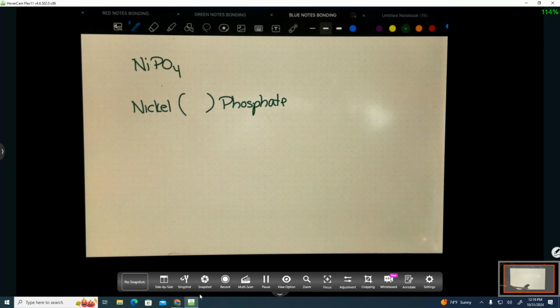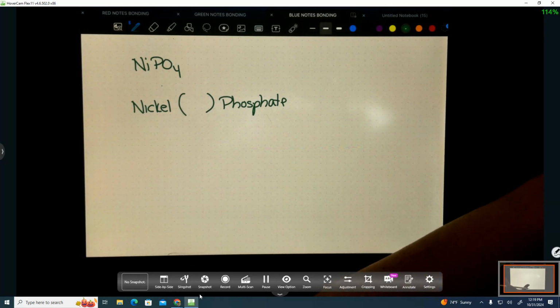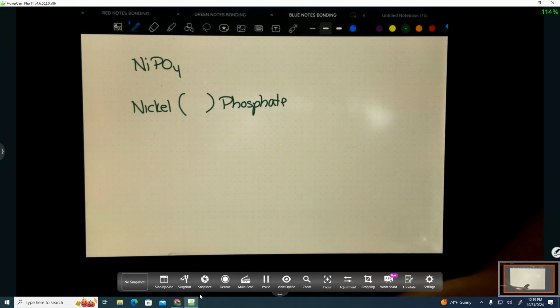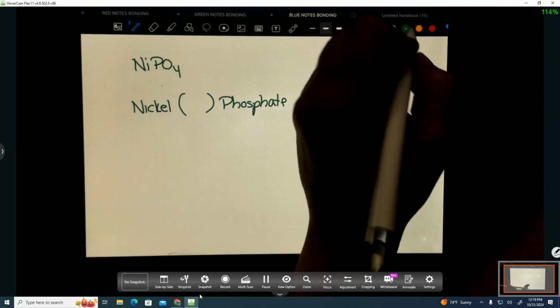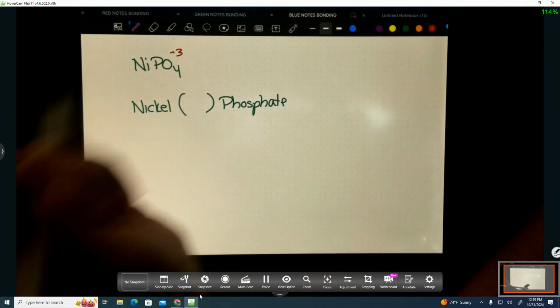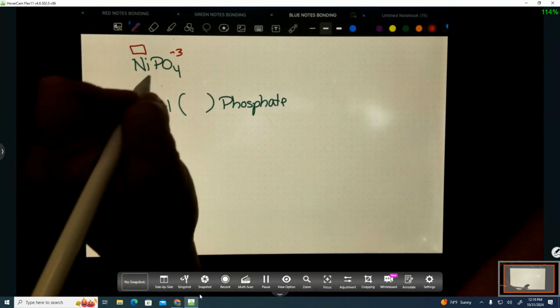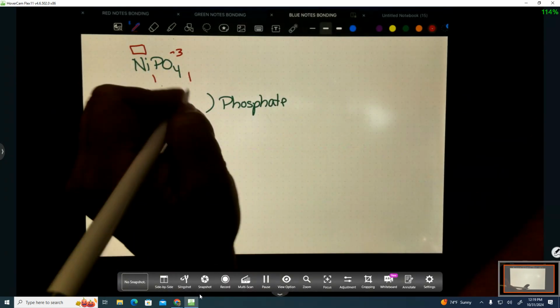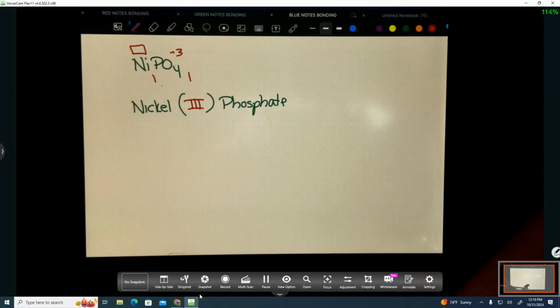And you've got to give me a, put your fingers up again. No. You got to give me a number that's going to make me nickel NiPO4. What's the charge on the PO4? It's a -3, right? So what number has to go here that's going to give me a 1-to-1 ratio? Plus 3. Nickel 3 phosphate.